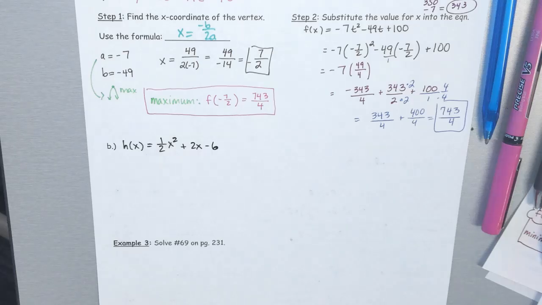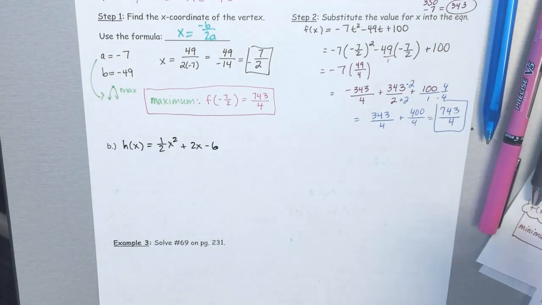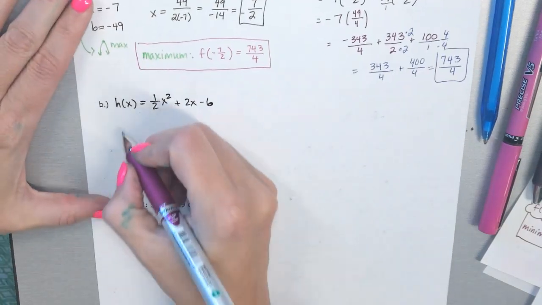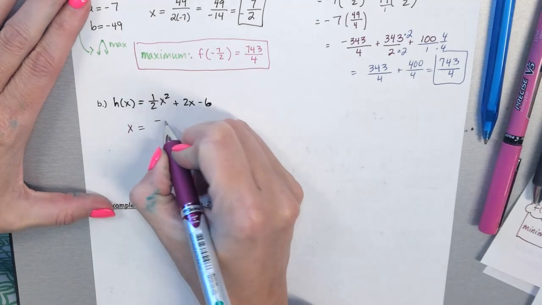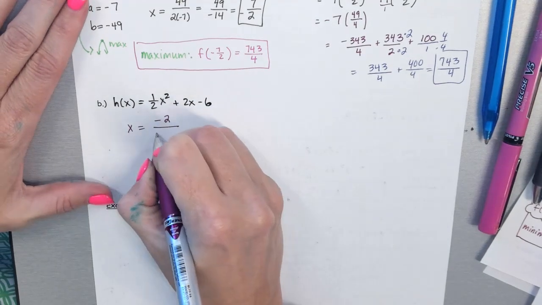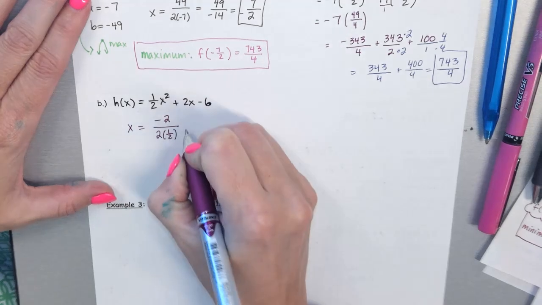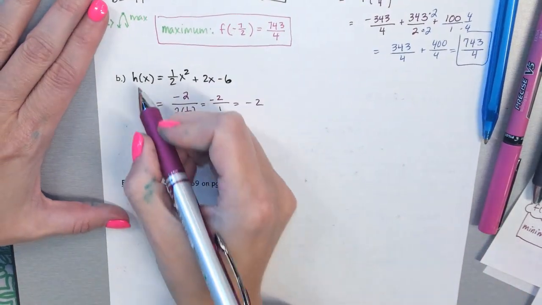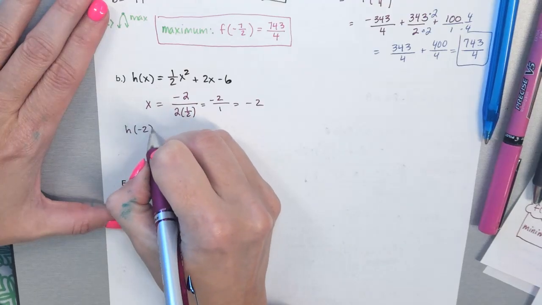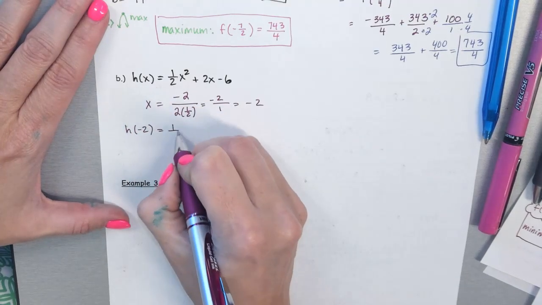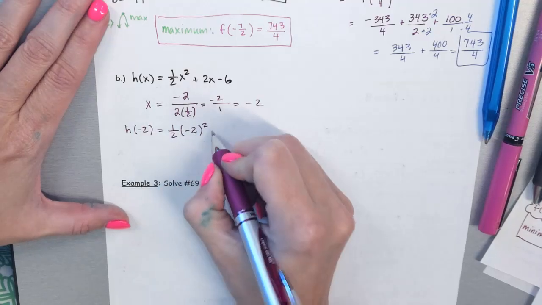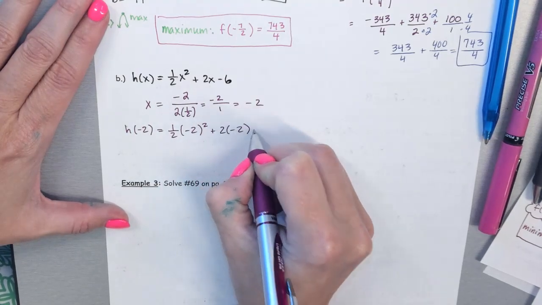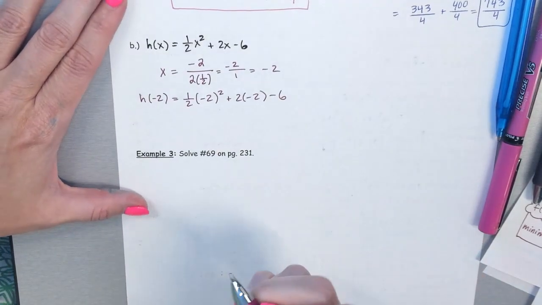All right, let's keep going. So when you are doing the opposite of b, you get -2 over 2 times a half. So -2 divided by 1 is -2. And then you are just going to plug that value into your h of x. So 1/2 times -2 squared plus 2 times -2 minus 6.